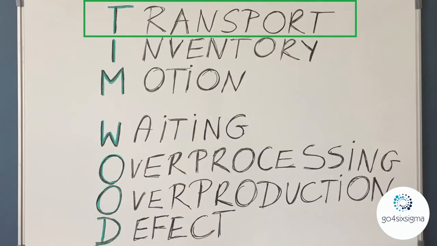Transport is about items, about goods. It's not about movement of people. So in the factory, in the warehouse, in the distribution center, each transport of the item, pack, or product is a waste.